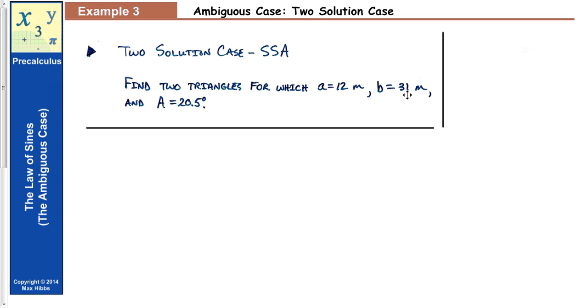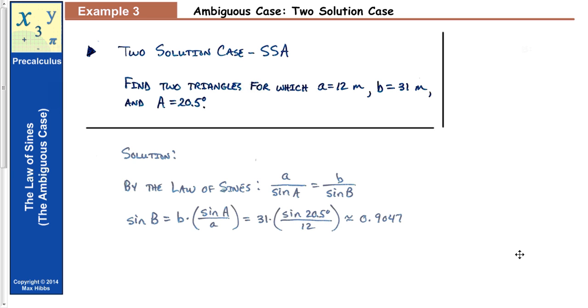And so since we know angle B is bigger than angle A, I suppose it could be, because angle A is 20.5 degrees, so angle B could be an acute angle if it's just bigger than 20 degrees, or it could be an obtuse angle. And that's where the rub lies. That's where the issue is. So let's begin to think about how we're going to deal with this.